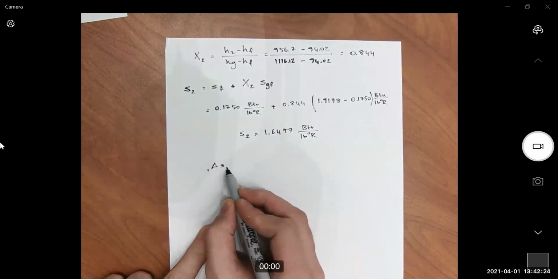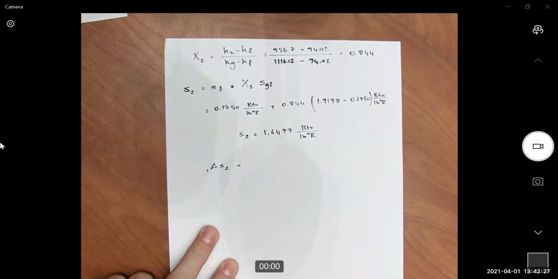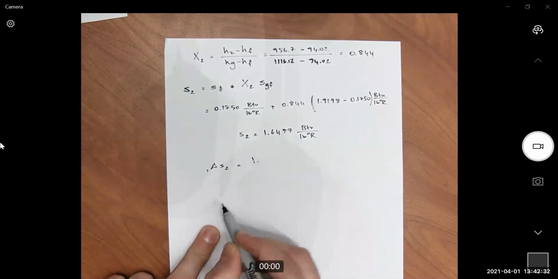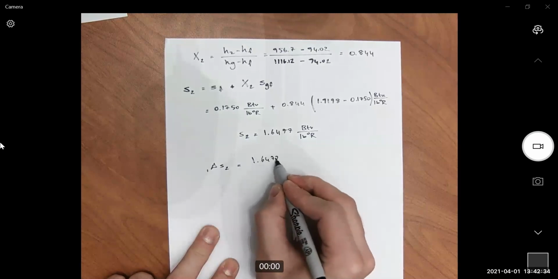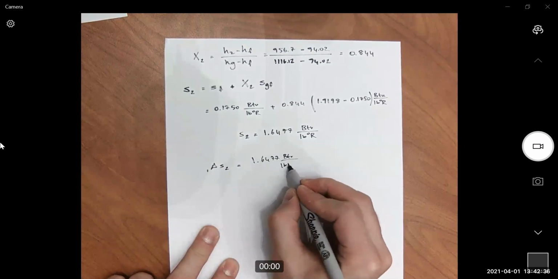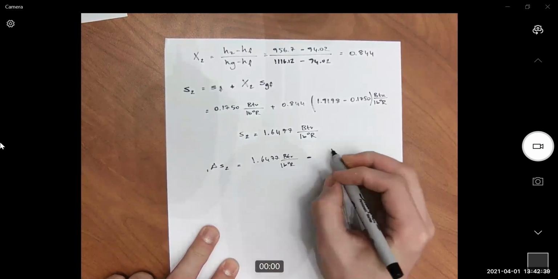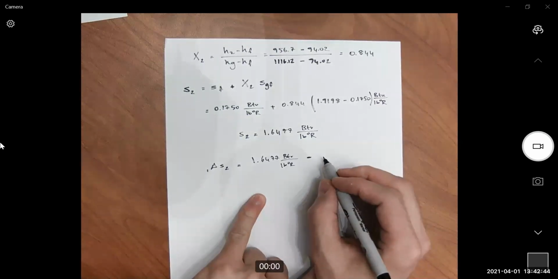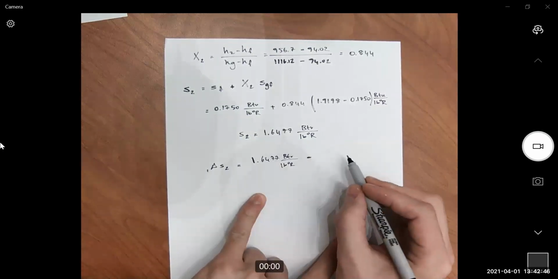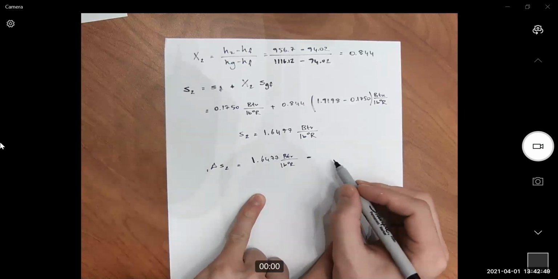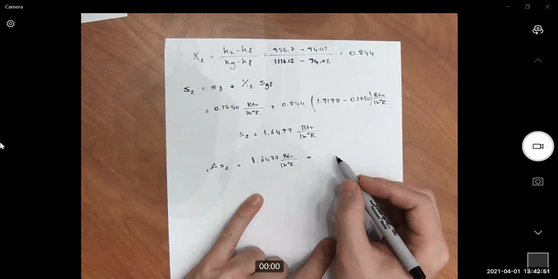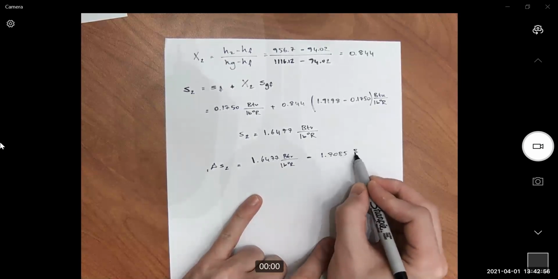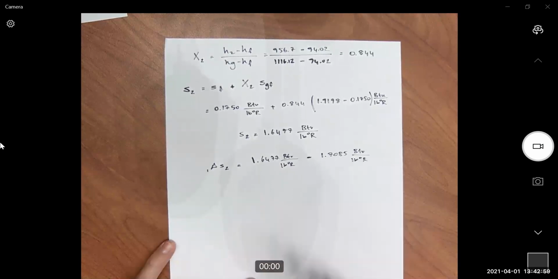Delta S from state 1 to state 2: the exit entropy is 1.6477 BTU per pound degree Rankine, and the entropy at the inlet was 1.7085 BTU per pound degree Rankine.